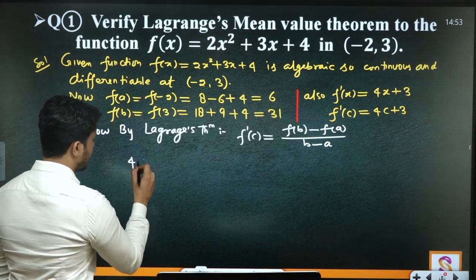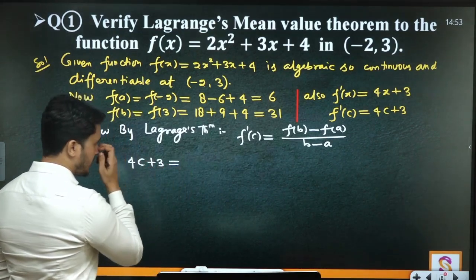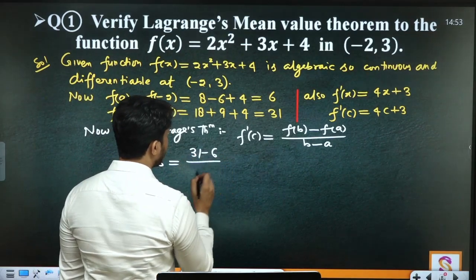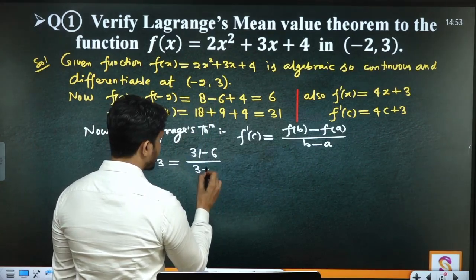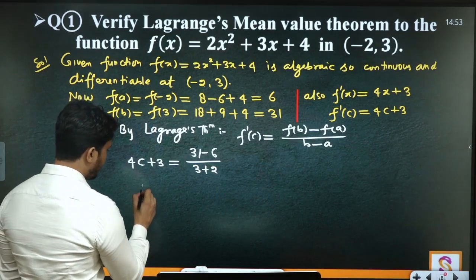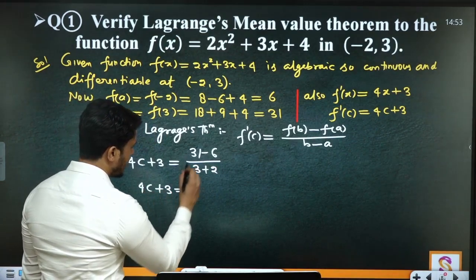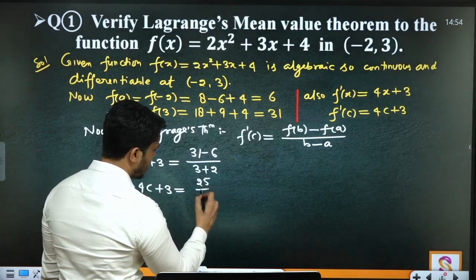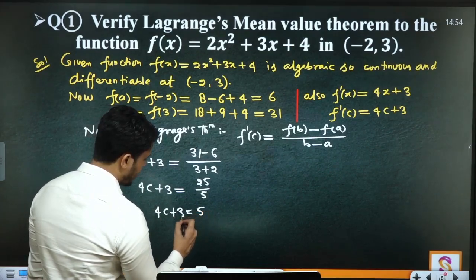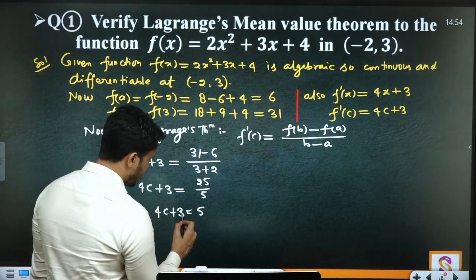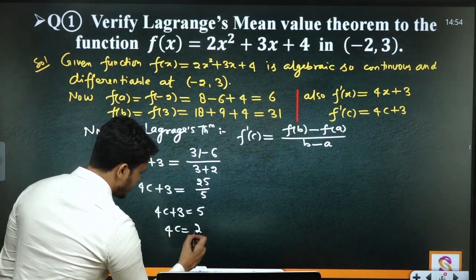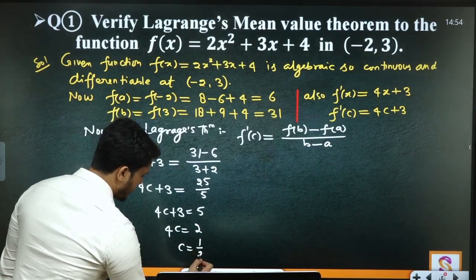This will be 4c plus 3 is equal to fb minus fa, 31 minus 6, upon b minus a, 3 minus minus 2, so it will be 3 plus 2. Okay. Now 4c plus 3 equal to 25 upon 5, or 4c plus 3 equal to 5, right? Or 4c is equal to 2, c equal to 1 by 2.